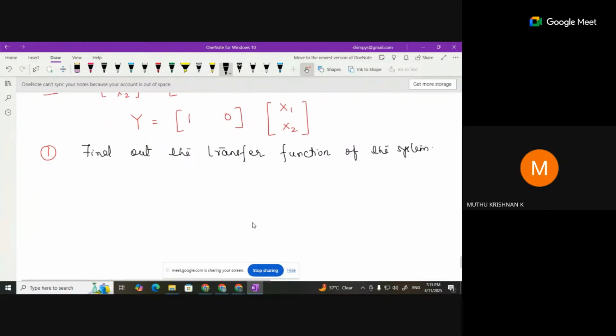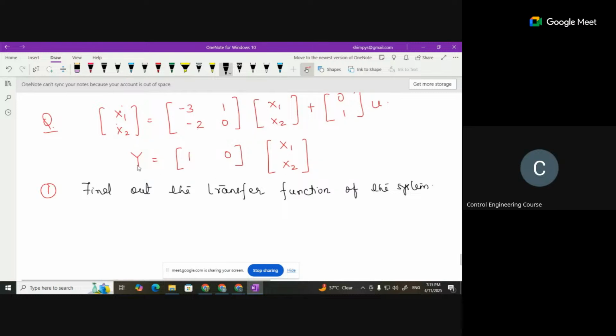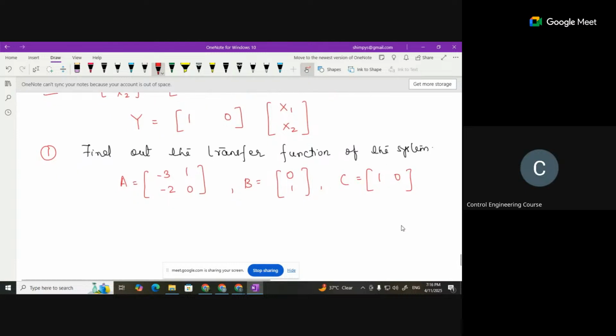Okay. So for this transfer function of the system, now if I compare this system with my standard system, what can I write down? What is my matrix A? That is -3, 1, -2, 0. Then matrix B is 0, 1, C is 1, 0, and D is 0.